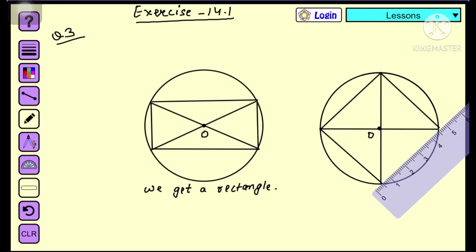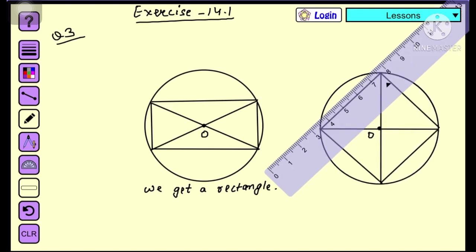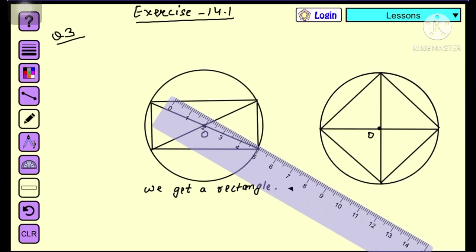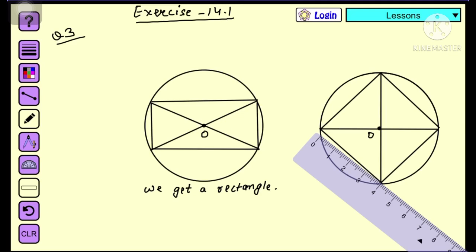Is it a square? You can measure the dimensions. It is 4 and the side here is also 4. You can see it is 4.